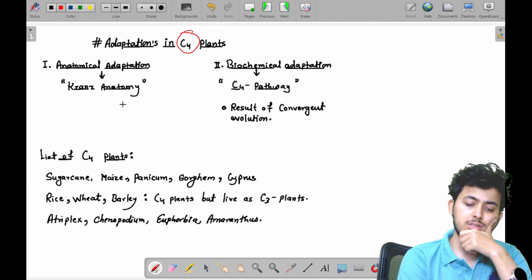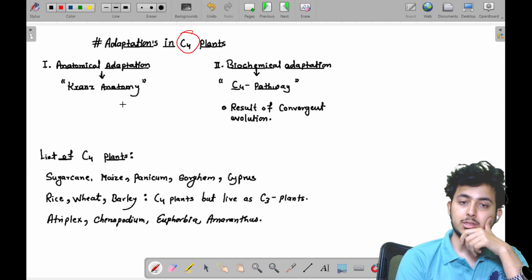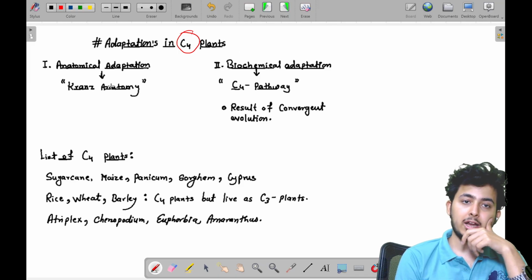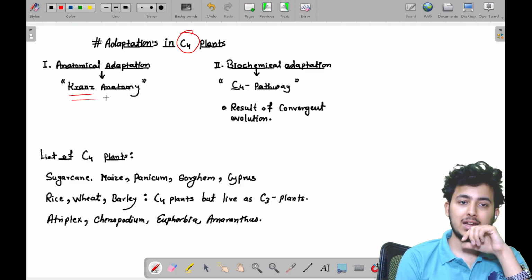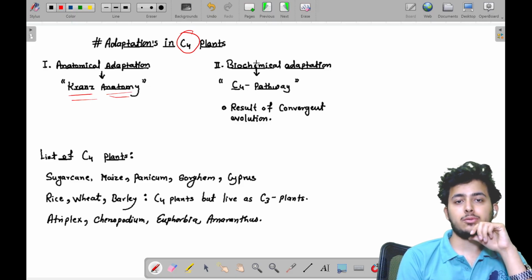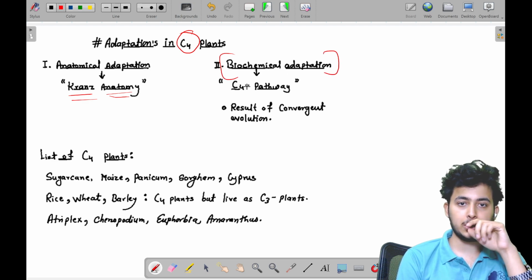Another thing I want to tell you is that for the C3 cycle there were some important advancements. One was the anatomical adaptation, Kranz anatomy, and the other was the biochemical adaptation of the C4 pathway.